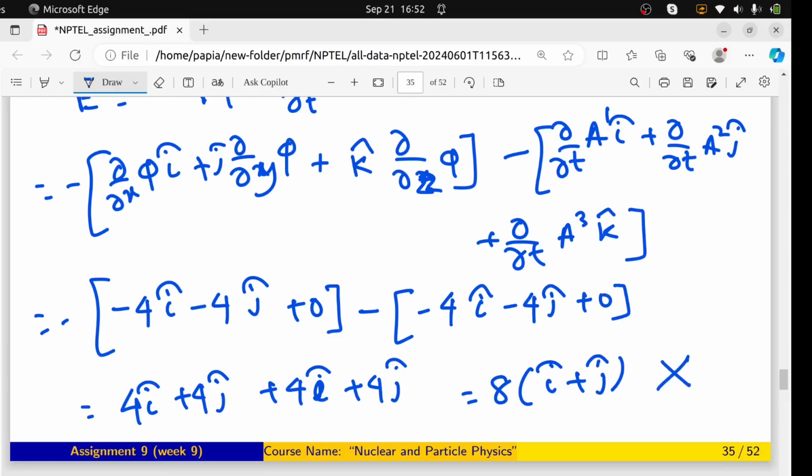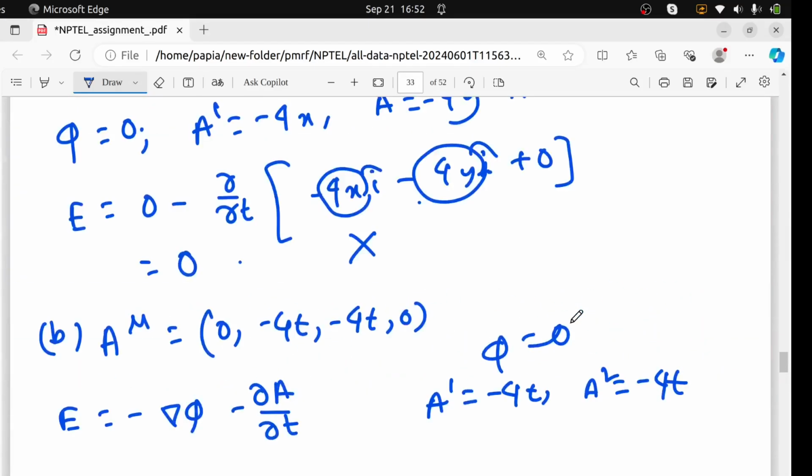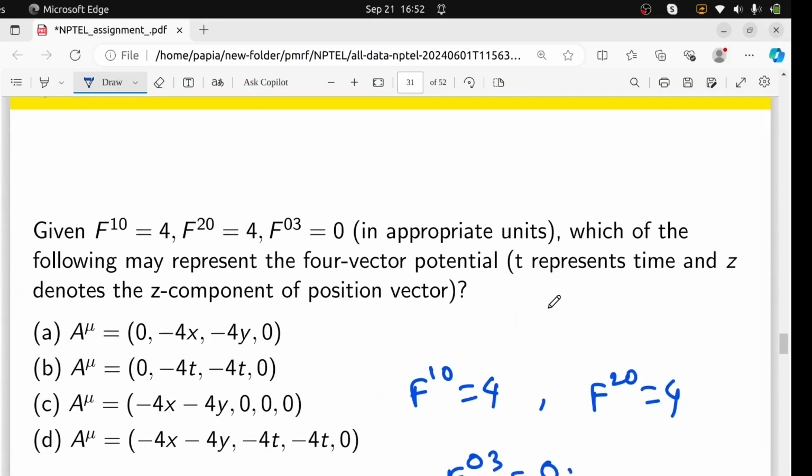So that is not the correct one, because our answer of E is 4 times i cap plus j cap, as we have got from this expression. So the correct options for mu are this one and this one.